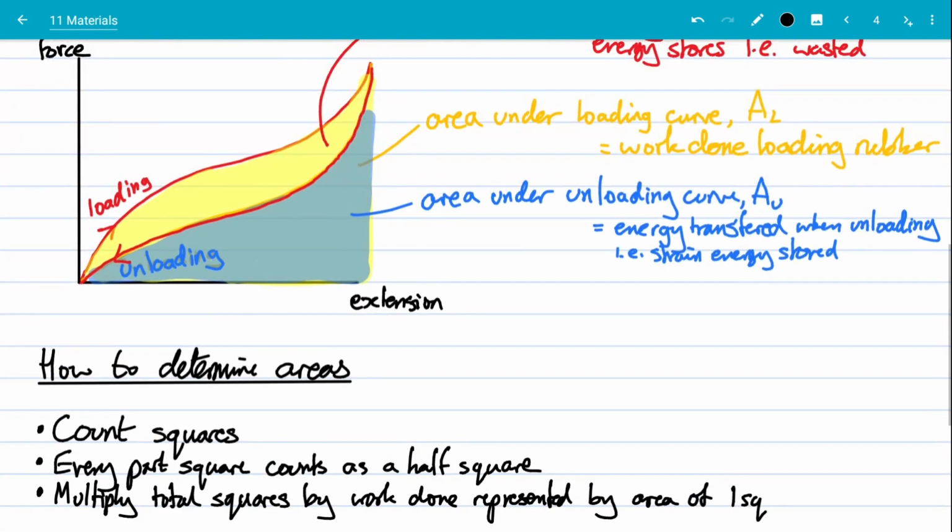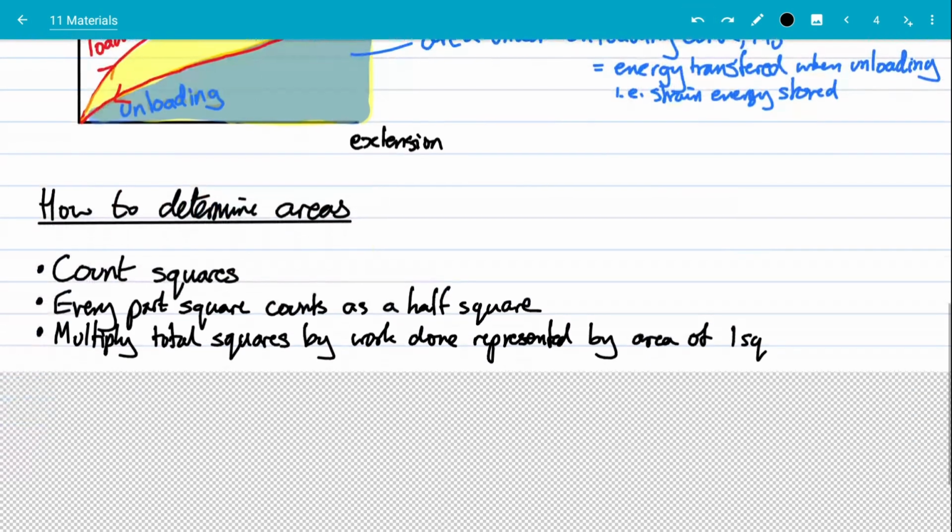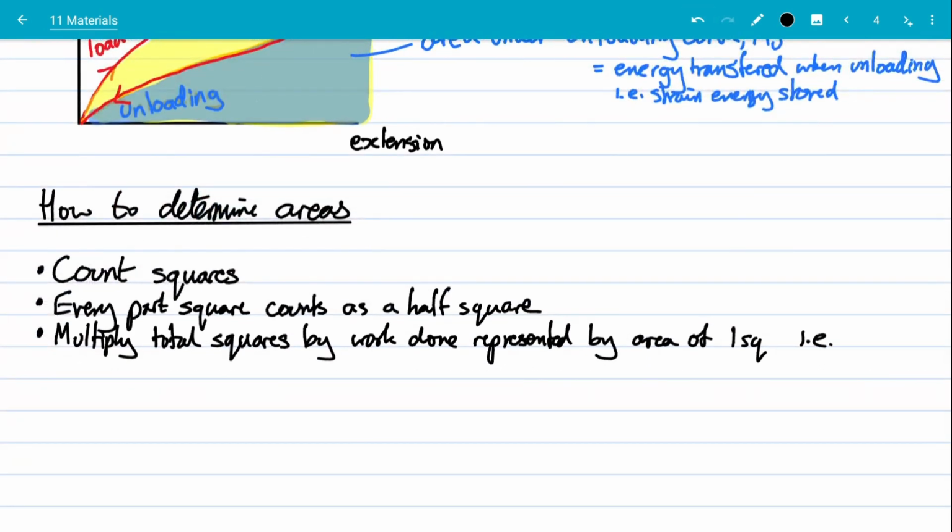Well, that's just going to be the force multiplied by the extension for one square, i.e. force times extension for one square.